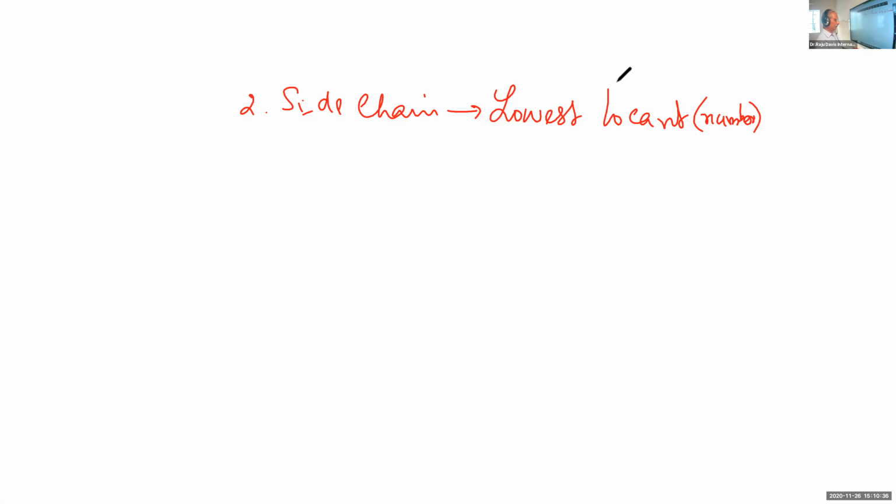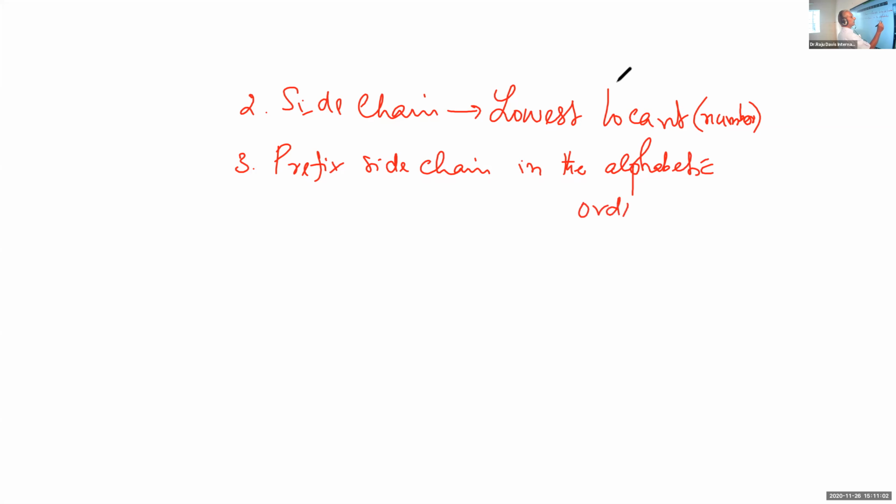And then you prefix the side chain in the alphabetic order. That is rule number 3. You prefix the side chain in the alphabetic order, along with the locants, that is the number of the carbon atom, on the left hand side.